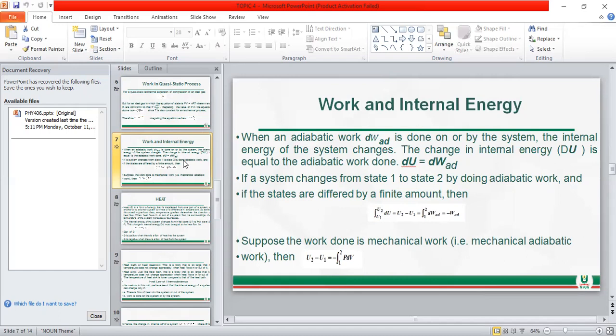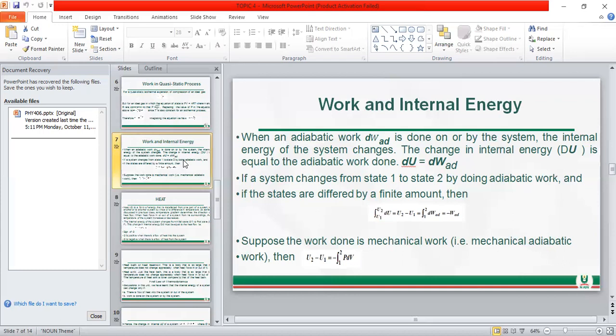Get that clearly. When an adiabatic work is done on a system, the internal energy of the system changes. So we are saying that the change in internal energy is equal to the adiabatic work done.